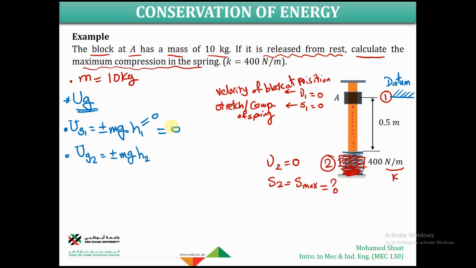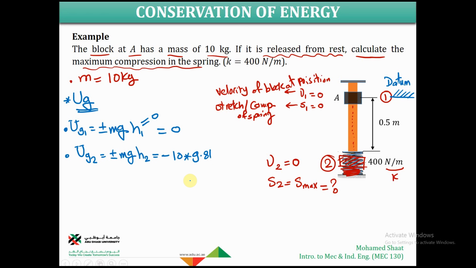So this is like h1, it was 0. So equals. Is it positive or negative? When this block moves down to position 2, it will be below the datum, underneath the datum. So it will be negative. And the mass of the object is 10 kilograms as already given, times the gravitational acceleration, which should be 9.81.